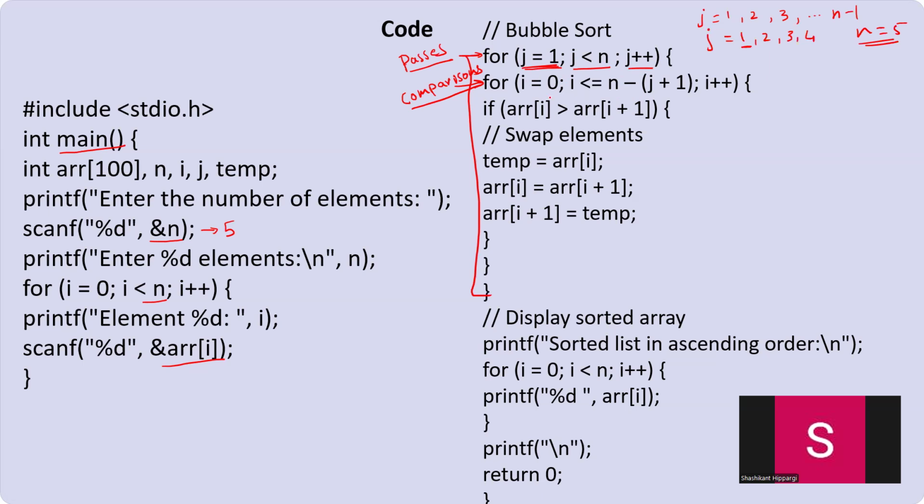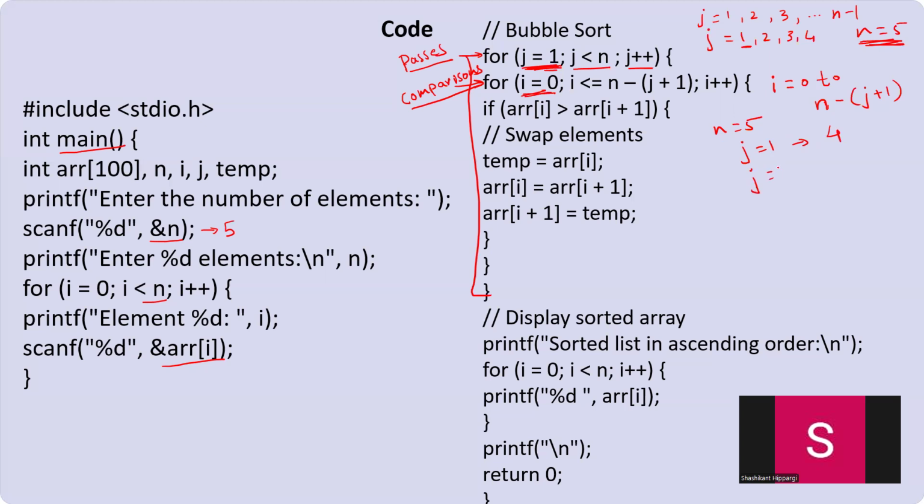In each pass, the number of comparisons will be from i equal to 0 to n minus j plus 1. So if n is equal to 5 and we are in the first pass, 4 comparisons will be done inside.